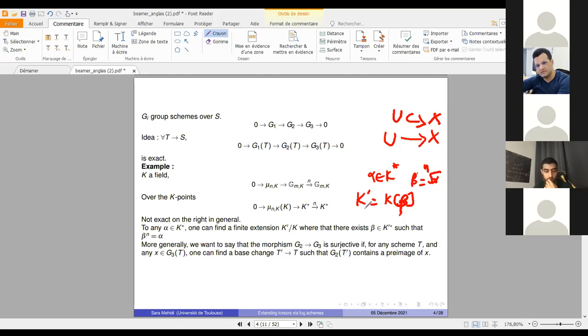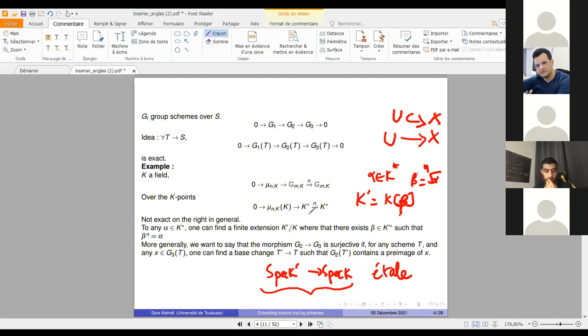And the reason is that here I take a base change, spec K prime to spec K. Here K prime is an extension of K, a field extension of K. And in the case where n is prime to the characteristic, this is a separable extension of K. And so this map is an étale map, which means that this is open in the étale topology, which means that this will be surjective in the étale topology if n is prime to the characteristic.